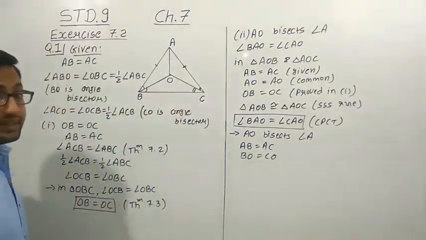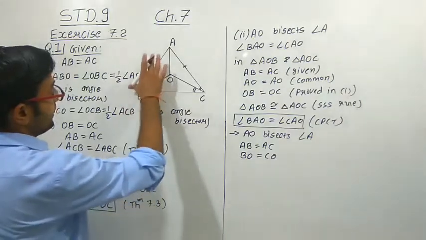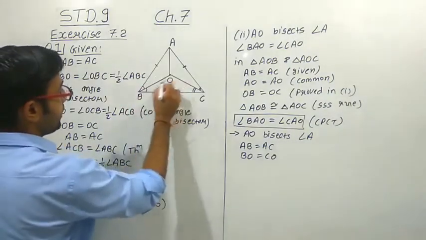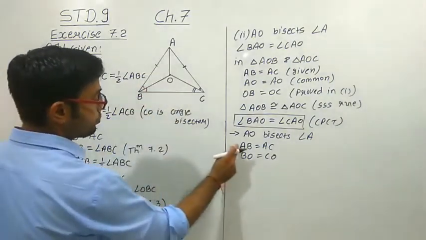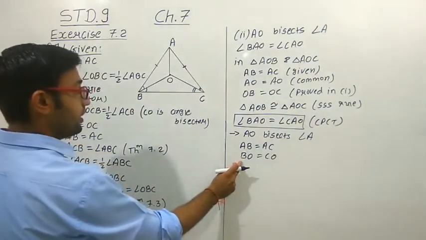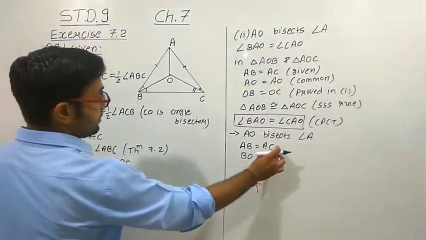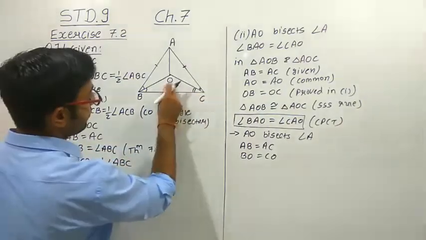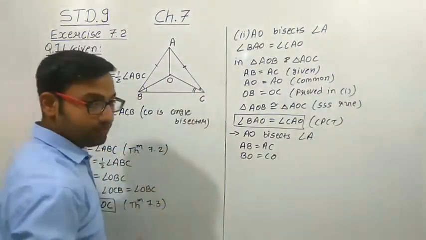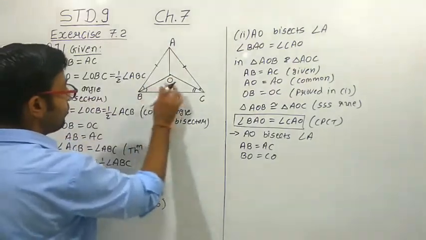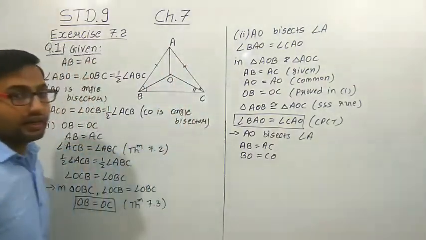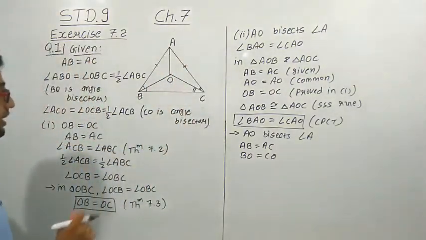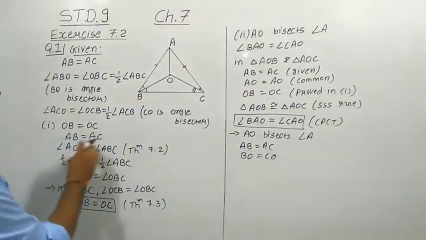Now see which angle is included between these sides. Angle ABO is included between sides AB and BO, and at the same time, between sides AC and CO, angle ACO is included. Are ABO and ACO equal? Yes, they are. How?